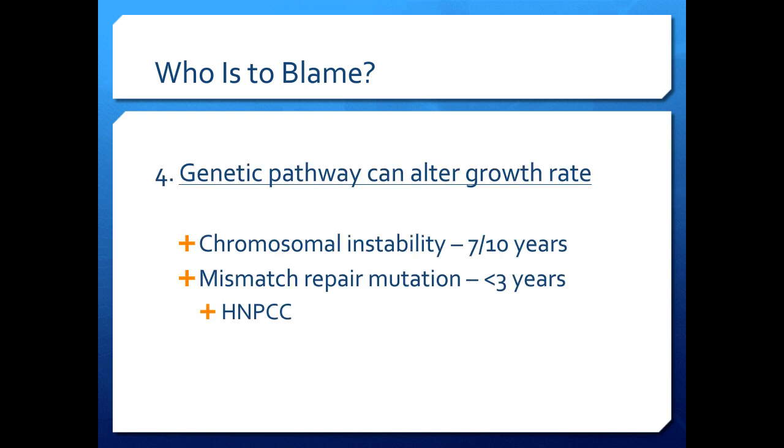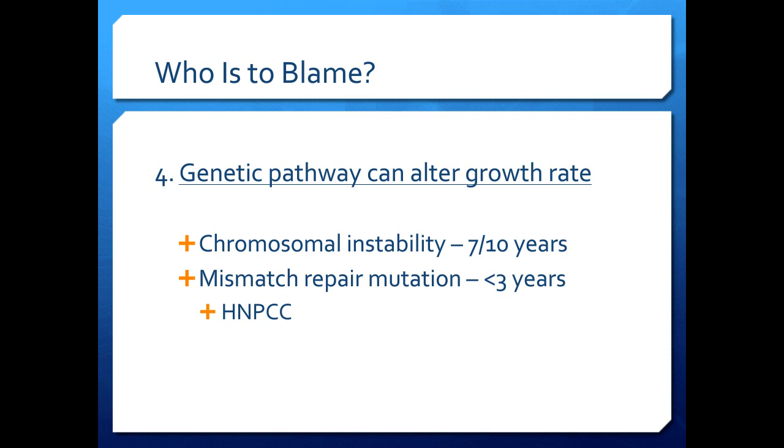And the other problem is that we're learning a little bit more about the genetics of colorectal cancer. Most colorectal cancers, and this is what I learned 10, 15 years ago, are from chromosomal instability, which leads to that 5 to 10 year growth rate. But genetics have changed, and that's why we're seeing this a little bit more in younger individuals.